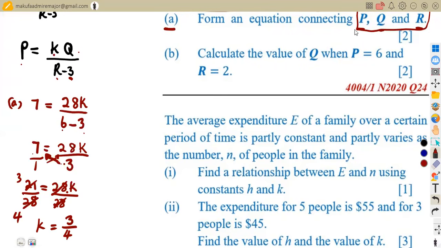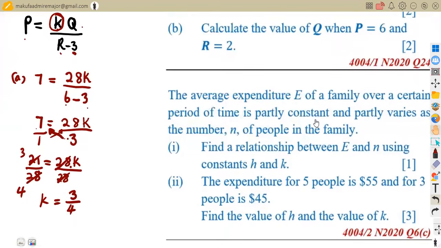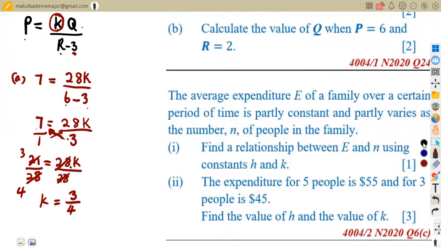Remember, we are supposed to leave our answer with P, Q, and R only. So we are supposed to substitute where there's a K. But remember what I explained before, as you can see here, our K is a fraction. So therefore, we are going to have P is equal to the numerator affects the numerator. So we are going to have P is equal to 3Q over the denominator affects the denominator.